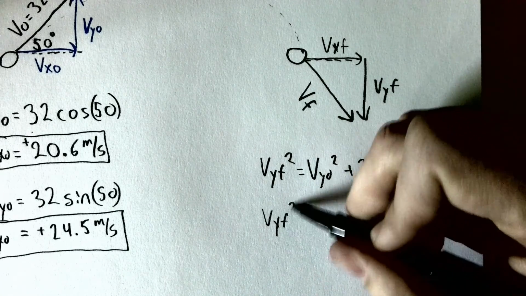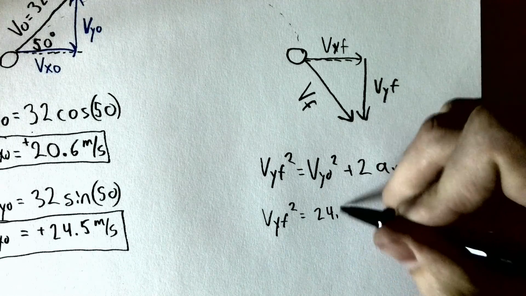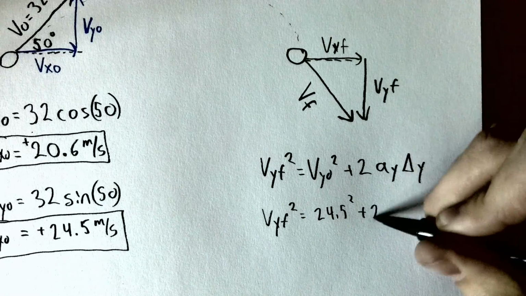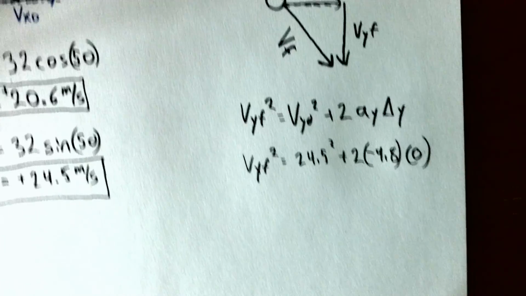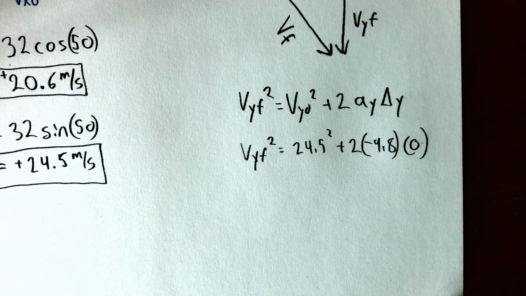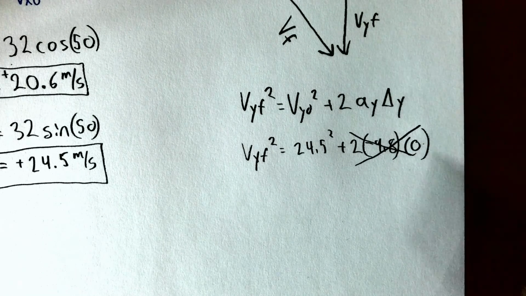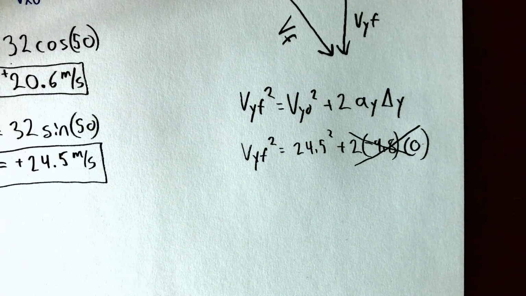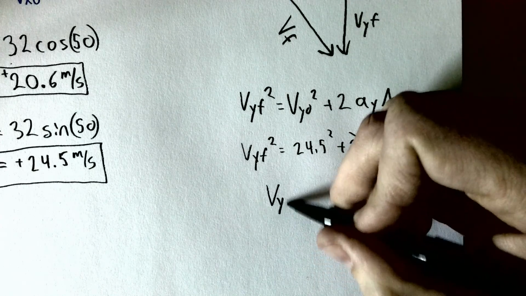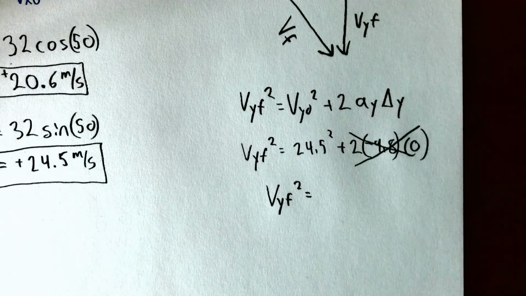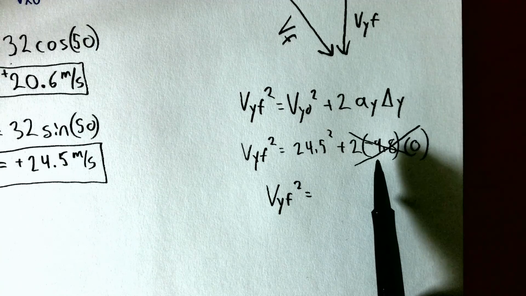So Vy final squared is 24.5 squared plus 2, negative 9.8, 0. Zero times anything is 0. So does anyone see what's about to happen? Yeah, the 2 cancel.